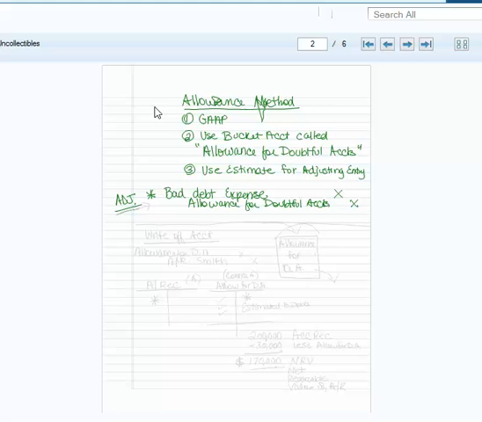And the purpose for adjusting entries is to bring your expense accounts and your revenue accounts up to date so that your financial statements will be correct. Y'all remember that? So adjusting entries happen after the unadjusted trial balance, and then you're going to make an adjusted trial balance. Then you create the most important step, financial statements, right? So adjusting entries are made right before those financial statements are made to make sure that they're correct.